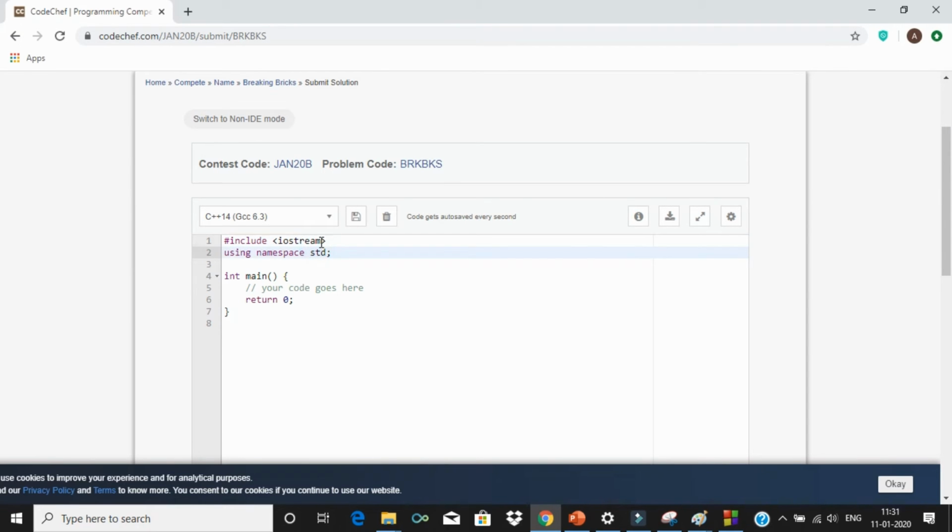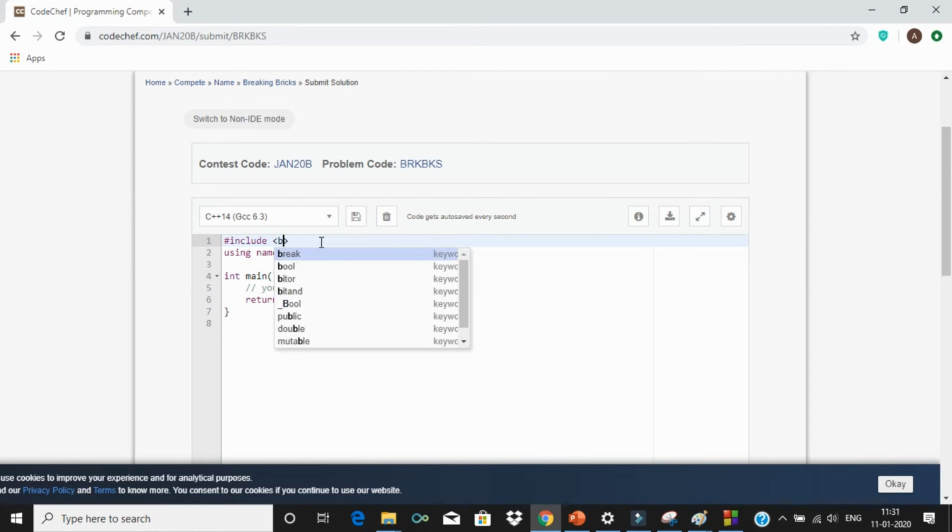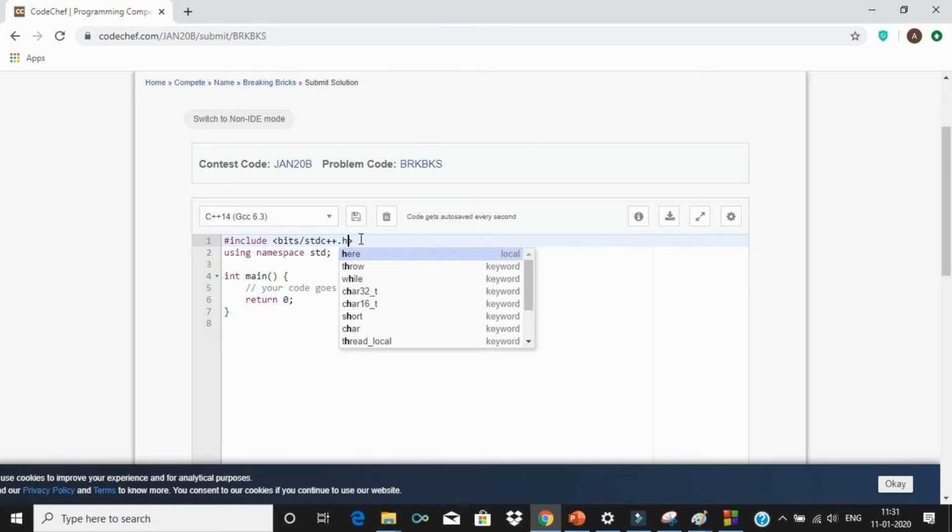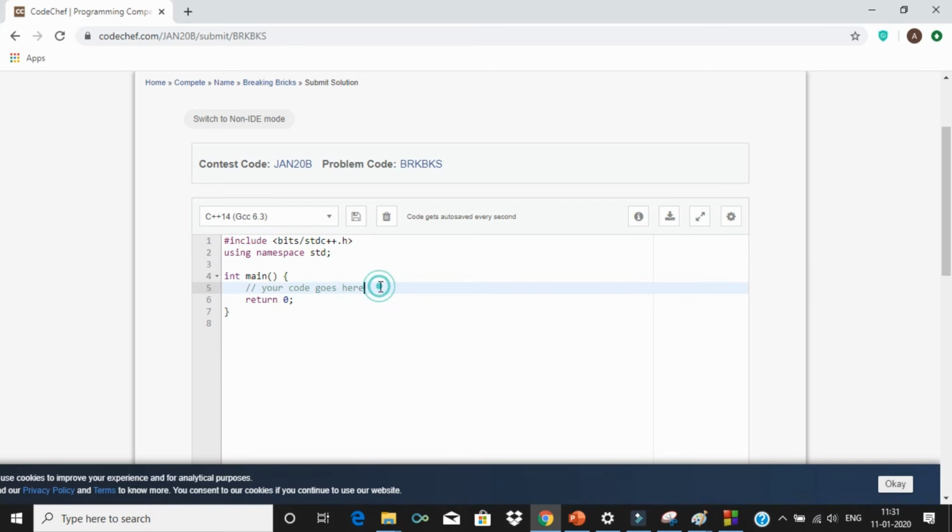This bits/stdc++.h is used to include all the libraries which can be useful in competitive programming or in any programming in C++. It is better to include this library while you are doing competitive programming, so that you don't miss any library.